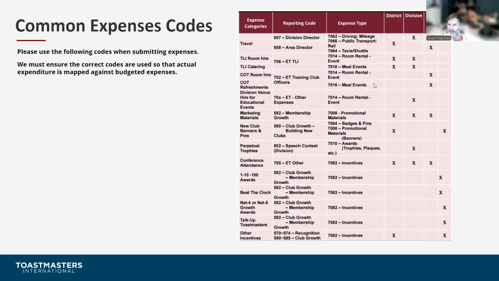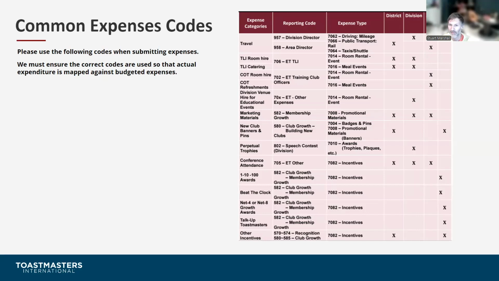And just glancing down that list, you'll see things like room rental, you'll see things like promotional materials or marketing materials, banners, etc. And then again, probably key to highlight at the bottom, you'll see the expense code 7082, which is used for incentives alongside what's known as the reporting code, depending on what that incentive is.